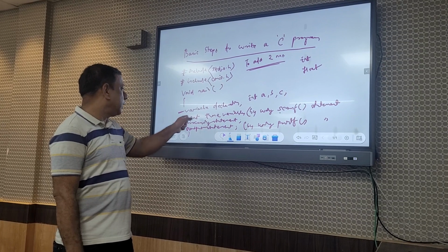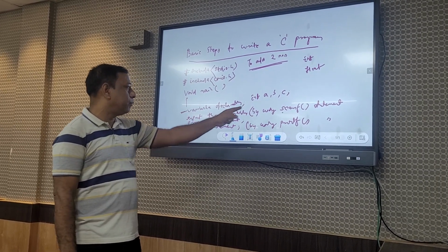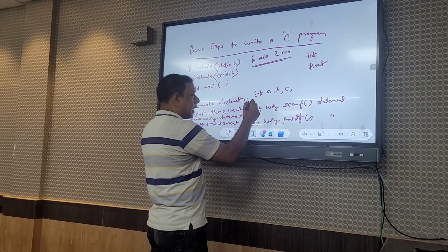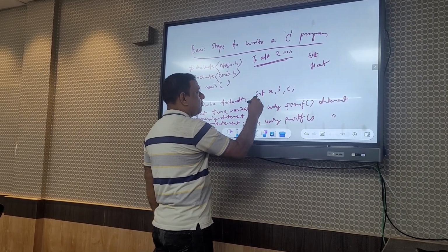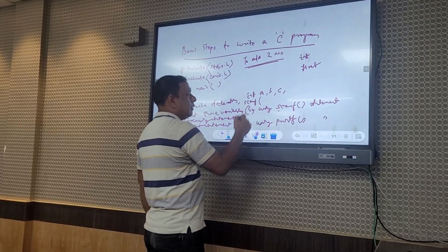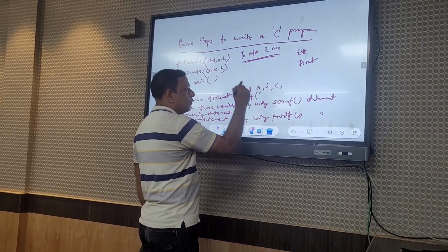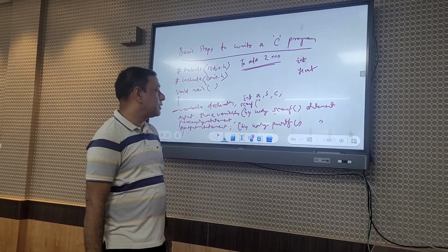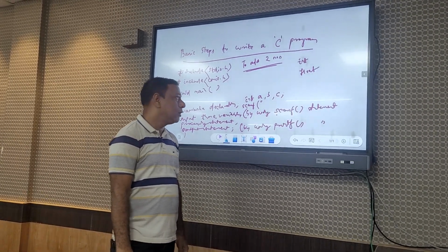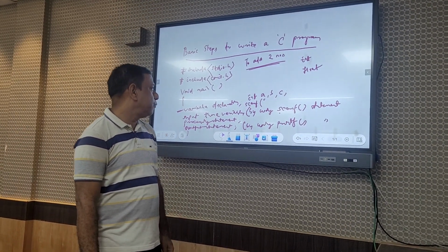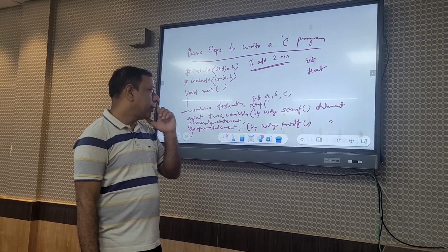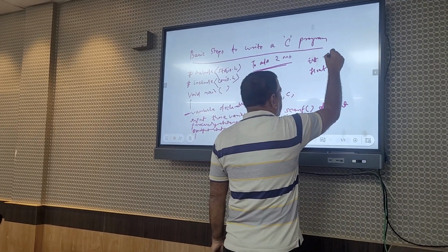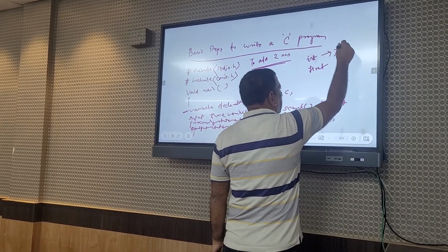Then what we have to do? Input the variables. So how to input? By using the scanf statement. The syntax for the scanf statement is scanf, opening bracket, opening inverted comma. Here we have to write the format specifier of the input variables. So here we have the input variables a and b, which are integer type. As you know, the format specifier for integer type is %d.